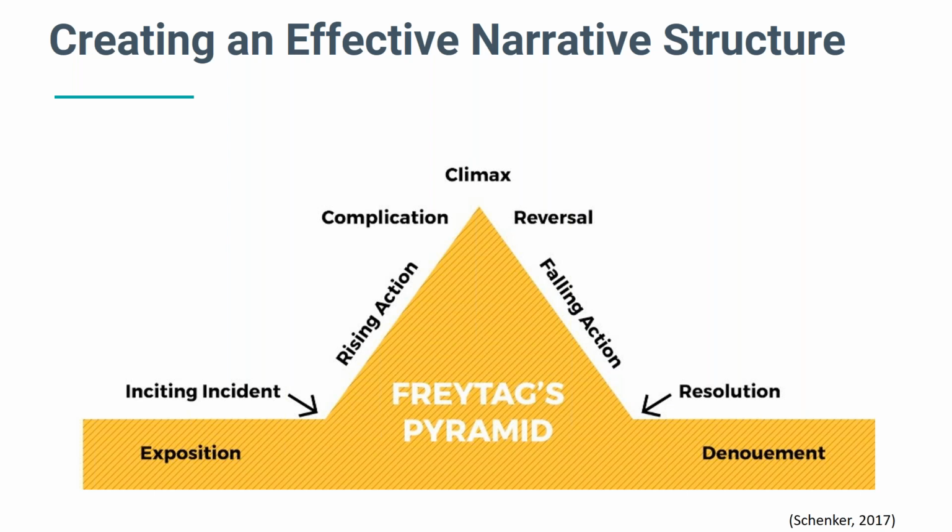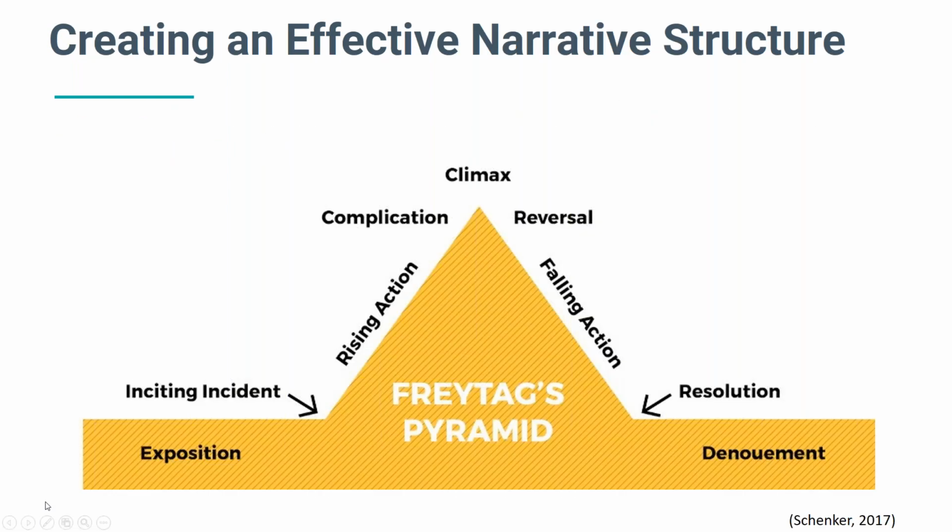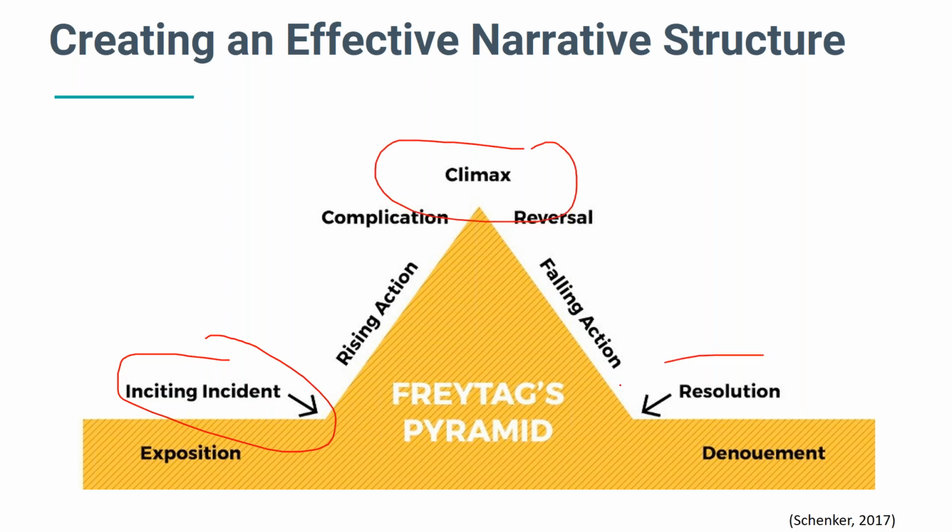But what you need to remember is the inciting incident, and I'm going to see if I can actually use my pen here. Oops, went too far. All right, here we go. So the inciting incident, the climax, and the resolution. Those 3 things are going to be components we can weave into our own stories.